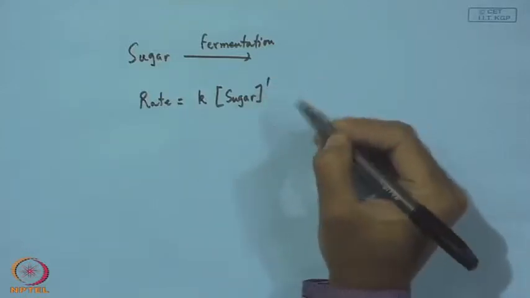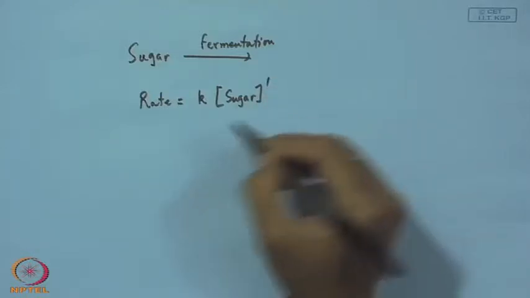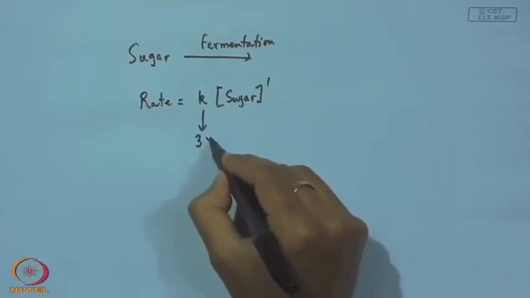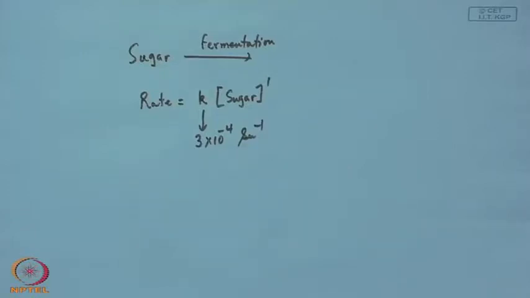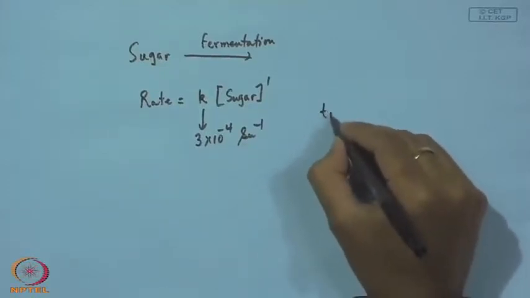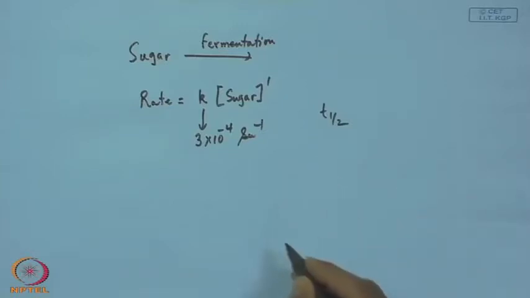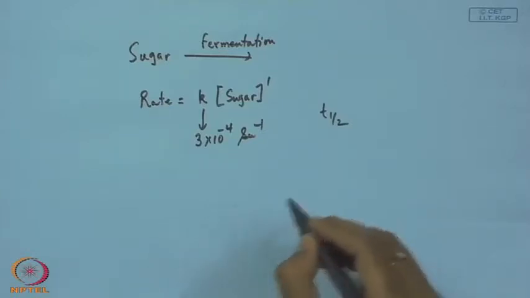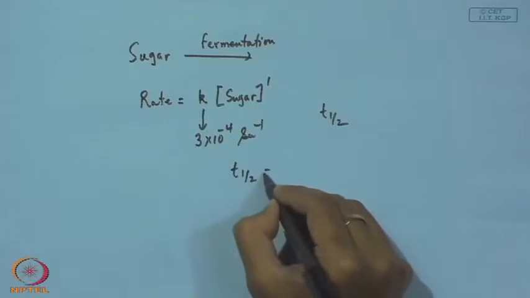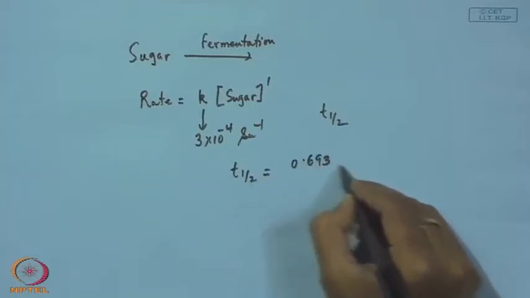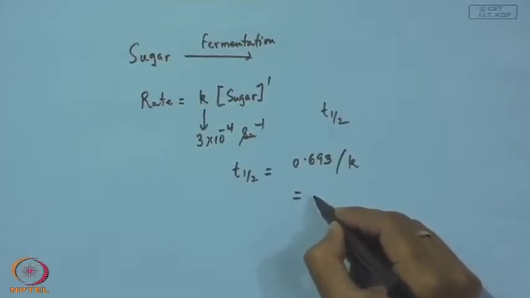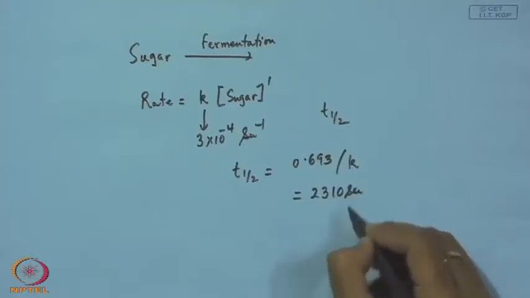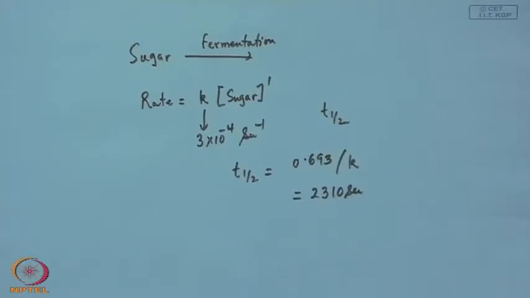It is known to proceed via first order kinetics, where k is equal to 3 into 10 to the power minus 4 second inverse. So, what is the half life of the reaction, t half? Since it is a first order process, t half will be equal to 0.693 by k, which, if we plug in the appropriate numbers, gives 2310 seconds. So, half life is 2310 seconds.